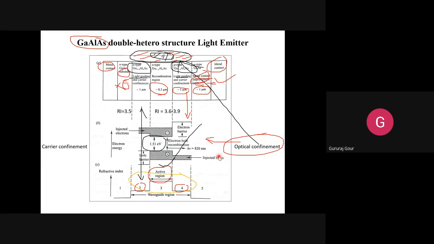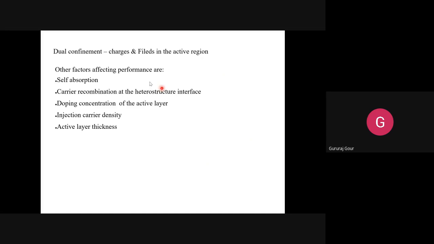Next, this dual confinement shows the charges and fields in the active region. The other factors affecting its performance are self-absorption, which is some problem here, and carrier recombination at the heterostructure interface, which will take place to some extent. Dopant concentration of the active layer is higher, but because of that some of the carriers will be left over there. We are not able to minimize carrier leakage completely, but some residue will be left out.